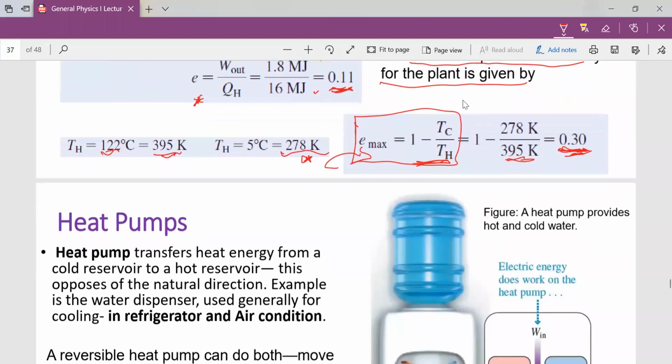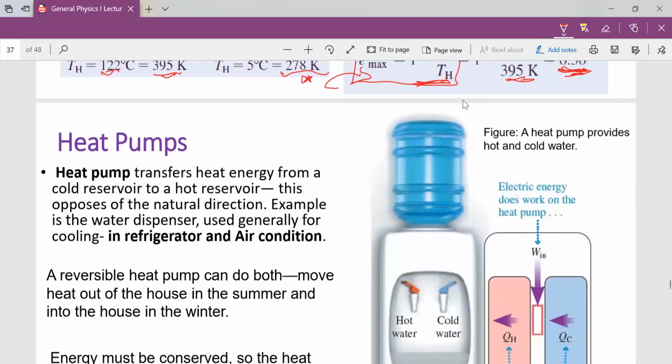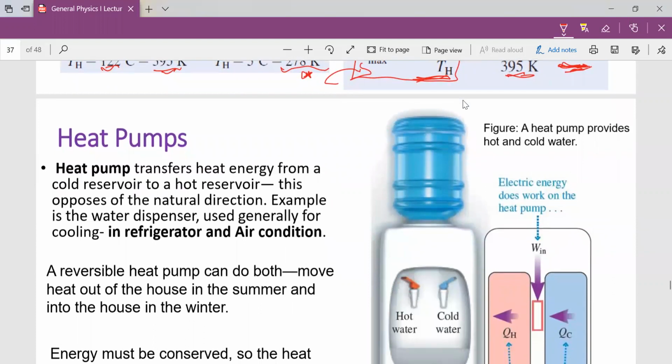So we'll move on to the very last part of today's discussion, which is the heat pumps. Now, one way to always remember heat pumps is that we use this, it's not a scientific quote, but we just say the river that flows uphill.